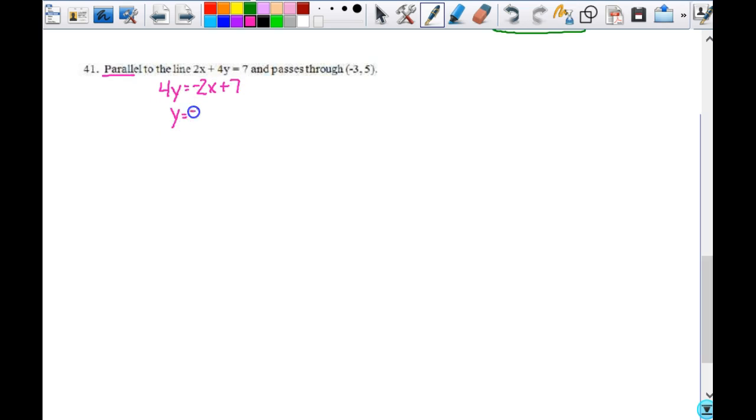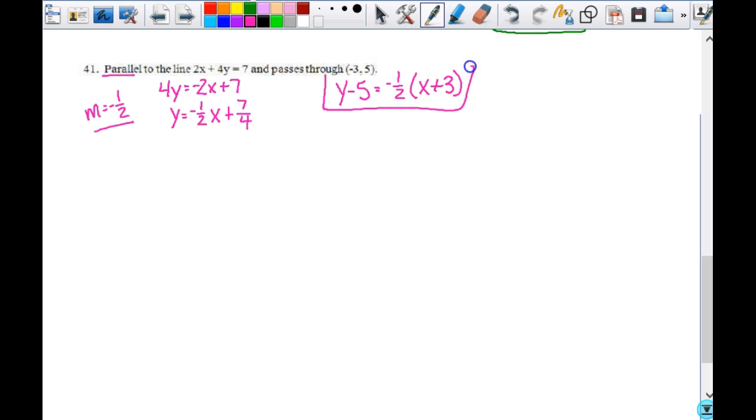So y equals -1/2 x plus 7/4. So my slope is -1/2, and it passes through this point right here. So that's going to be y minus 5 equals the slope, which is negative 1/2, times x minus a negative 3, which is x plus 3. So there it is in that.